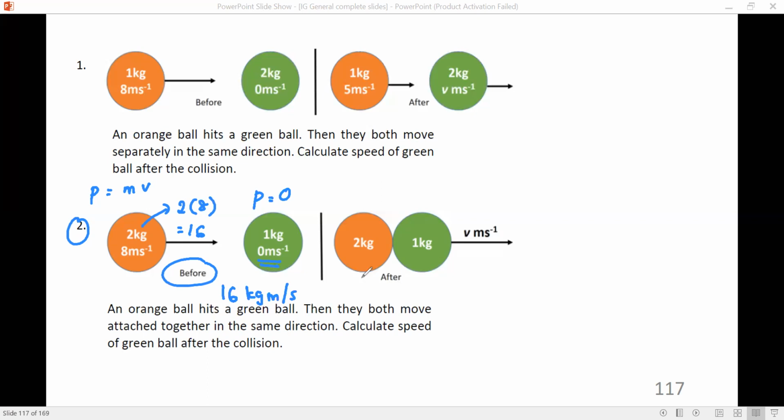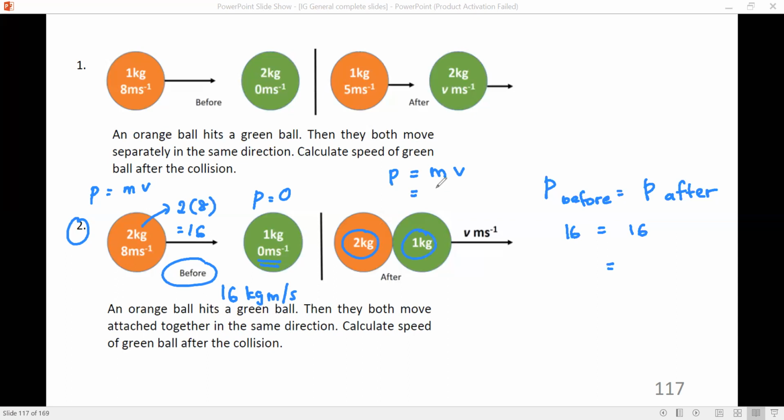Based on the principle of conservation of momentum, the total momentum before is equal to after. We already know the momentum before is 16, so the momentum after is also 16. For momentum after, we use the same formula p equals mv. The mass is now 2 plus 1 because they are moving together, so we can treat them as one object.